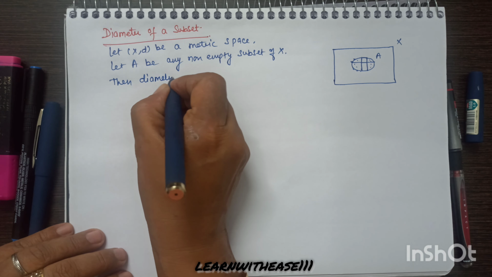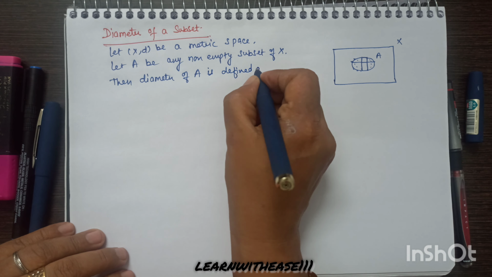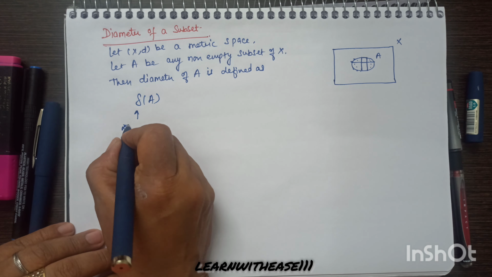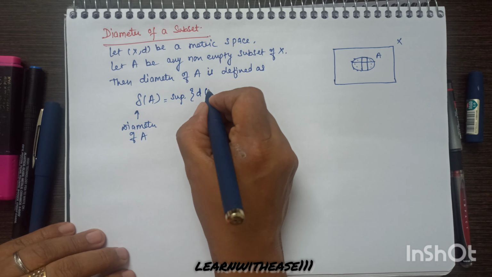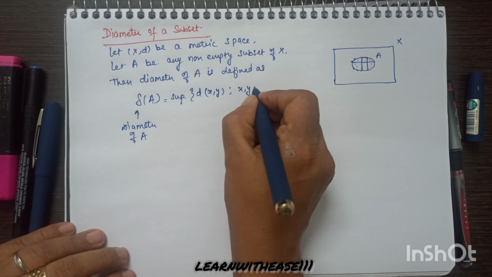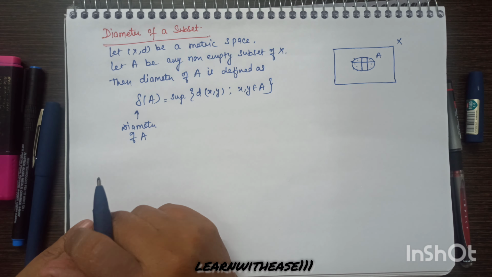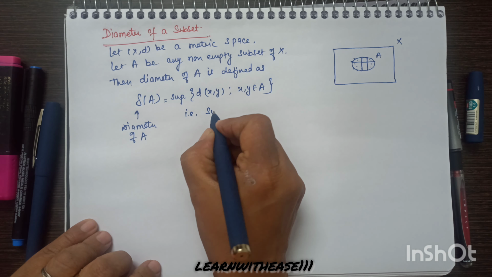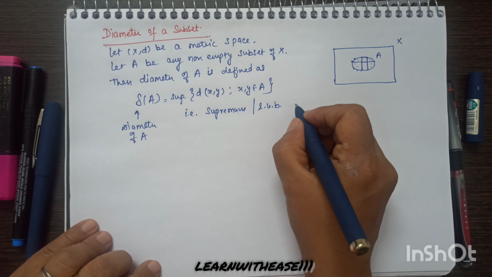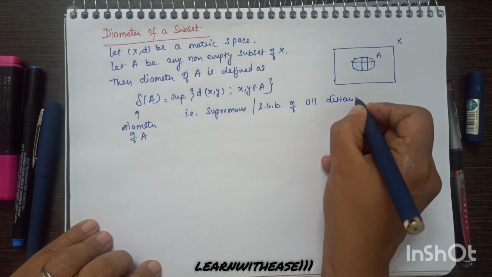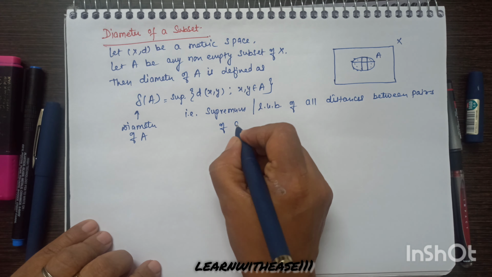Then the diameter of A, which is denoted by del A, del means diameter, is given by the supremum of all the collection d(x, y), where x and y are two points of set A, both belonging to A. That is the supremum, or you can say the LUB, of this collection, where we have found all the distances between any two points of set A.